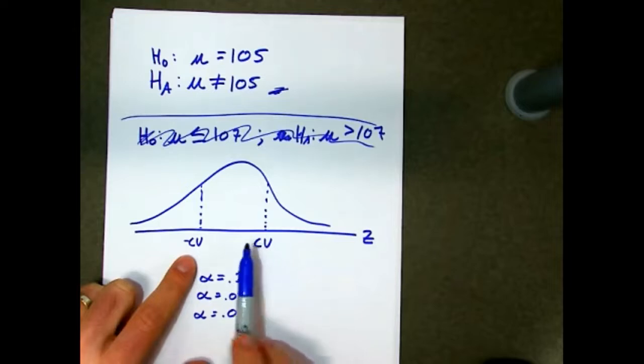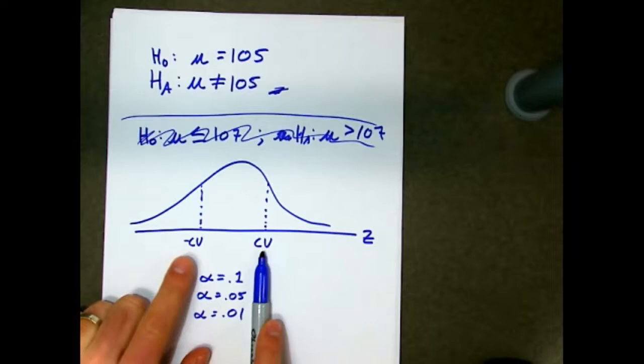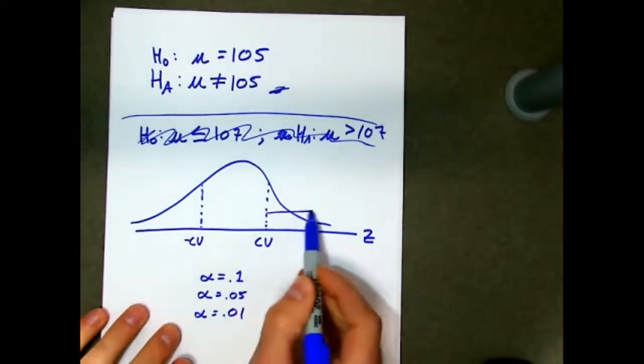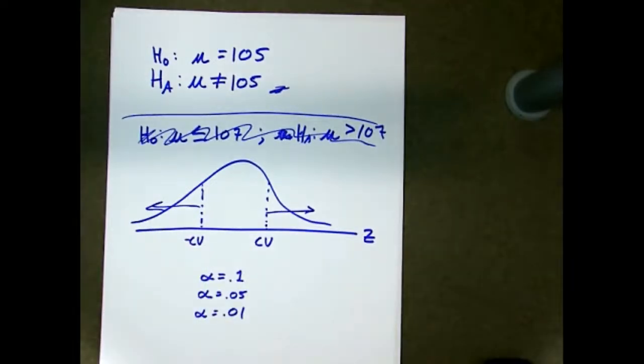So with the critical values, what we're really saying is these are my threshold number of standard deviations away. If I see sample evidence that's any further, any more standard deviations away from the assumed true value than these thresholds I've set, then I'm okay rejecting. Which is why we said my rejection region would be if I see a test statistic anywhere in those tails or anything more extreme than my critical value.